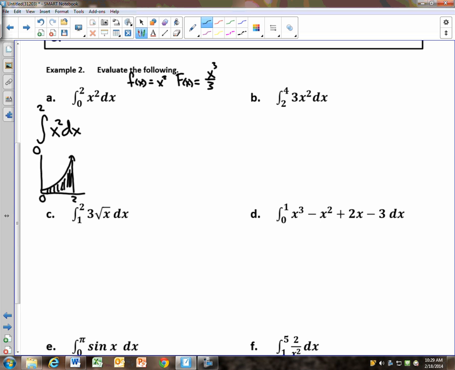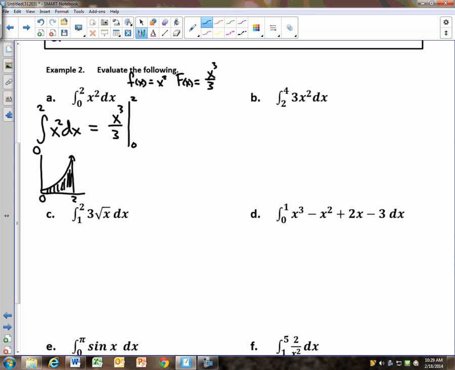So the definite integral, referring to that area, is equal to, just want to make sure we all connect the learning here, I take the antiderivative, which we've already said is x to the third over 3, and we evaluate it at 2 and at 0, and we subtract the second from the first, okay?